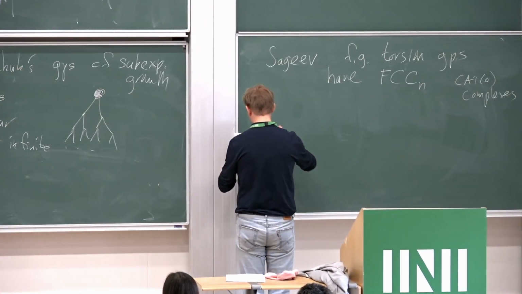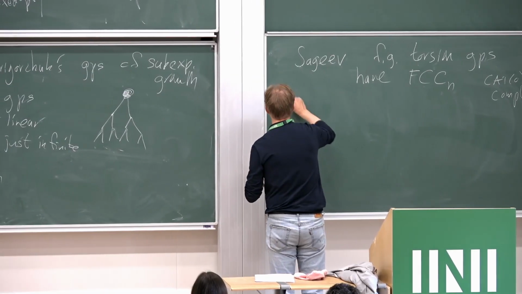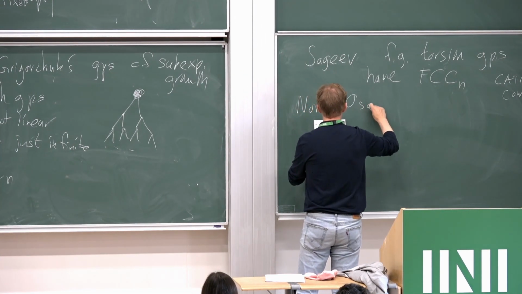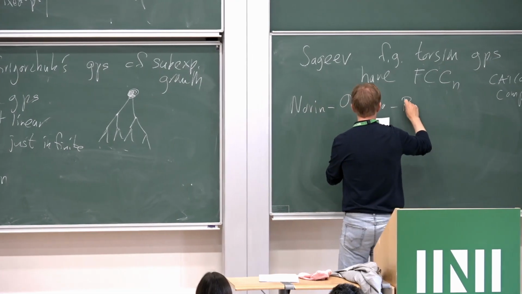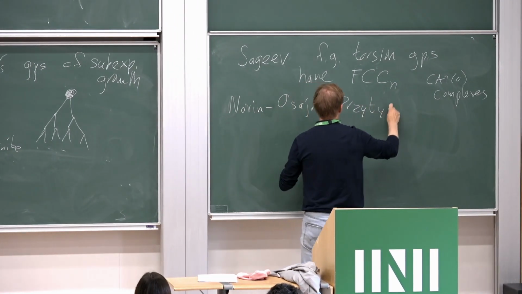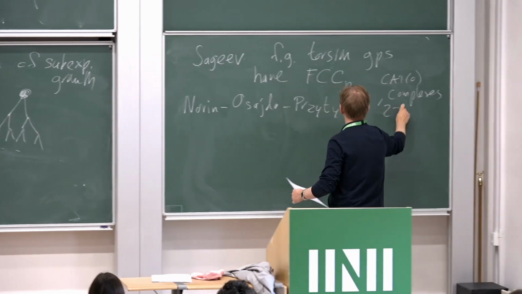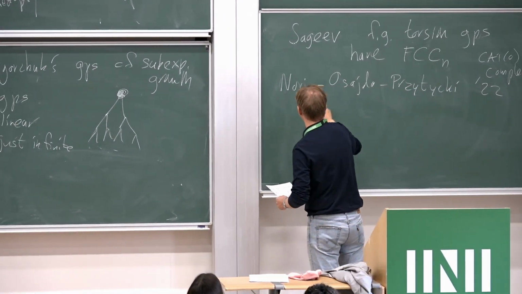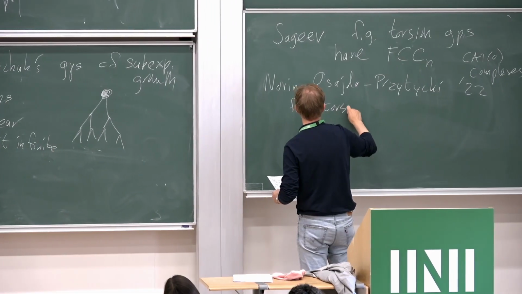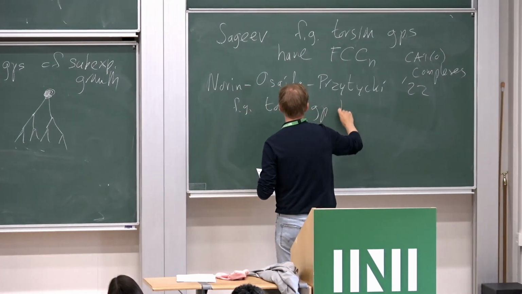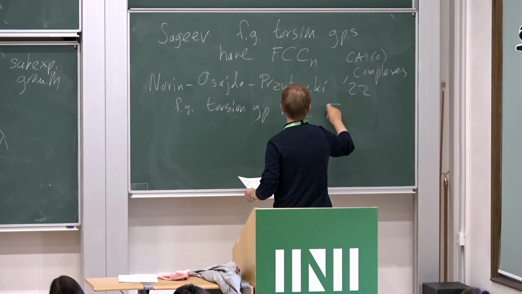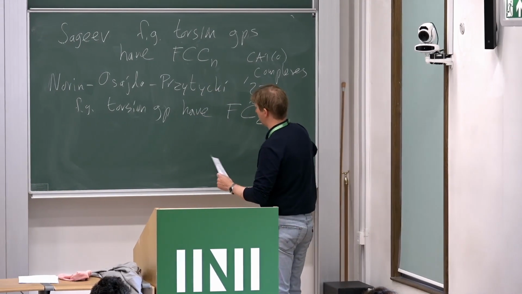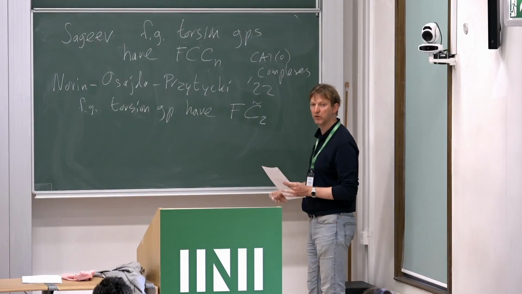And that seems to be difficult, because here's one partial result in the general case without amenable by Norin, Osajda, Przytycki, and so on. They show that finite torsion groups have property FC in dimension 2, but then I think its complex is not quite fully general CAT(0).